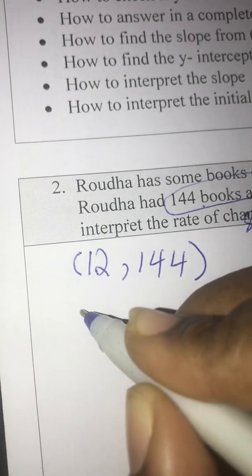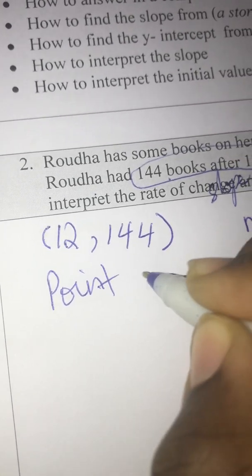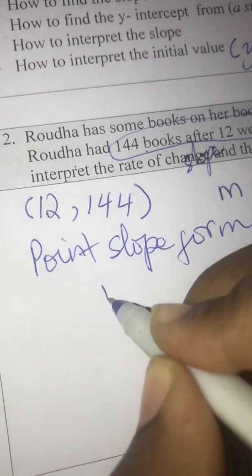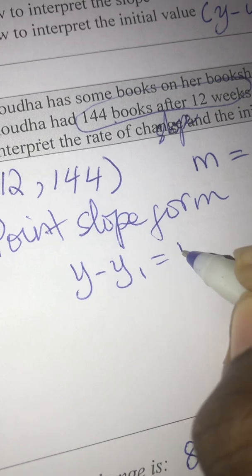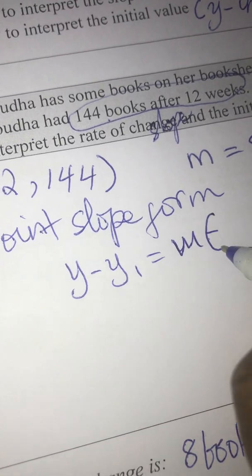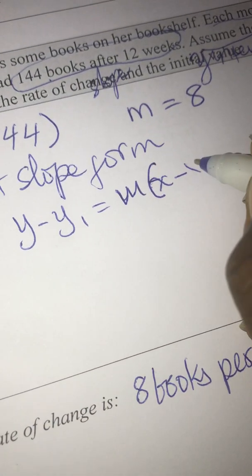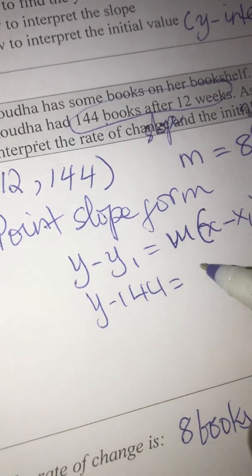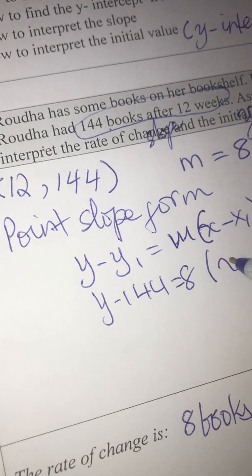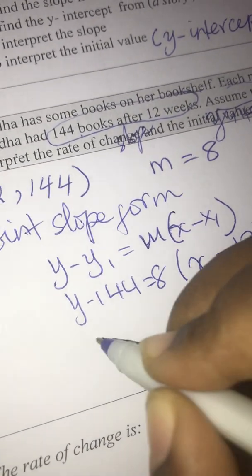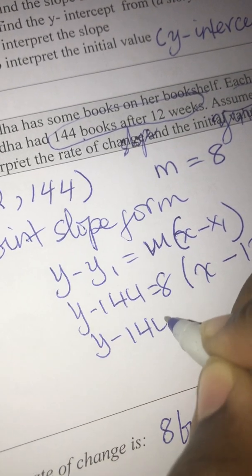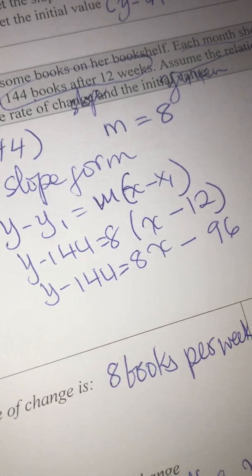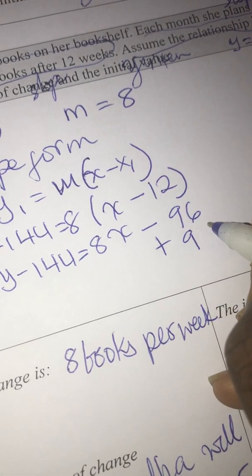I can do point slope form, which is y minus y1 equals m bracket x minus x1. y minus 144 equals 8 bracket x minus 12. y minus 144 equals 8x minus 96.